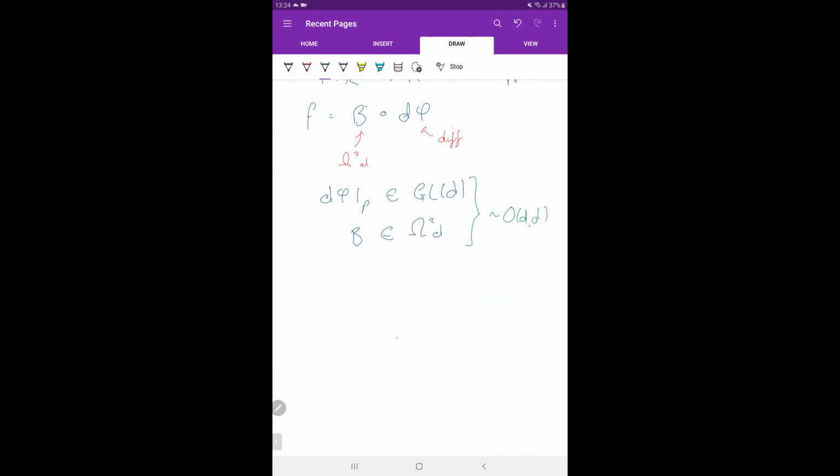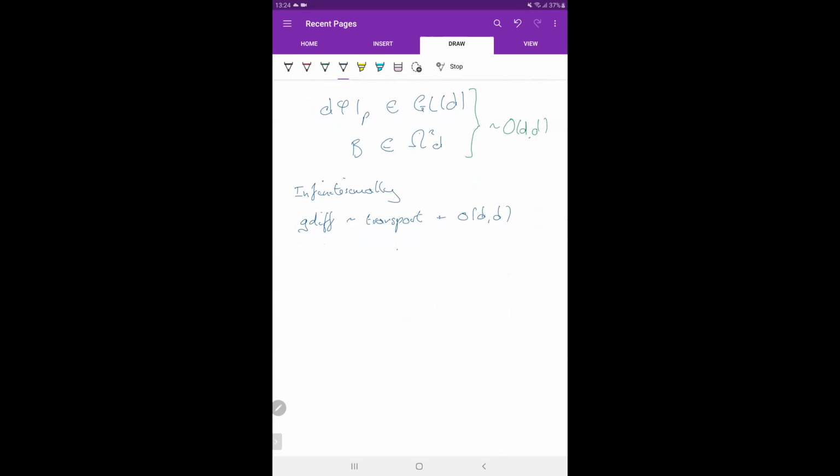And we can define this a little bit more rigorously, like we did with the diffeomorphisms. So infinitesimally, a G-diff looks something like a transport term plus an adjoint piece, ODD. And we can make this more rigorous with the Dorfman derivative, or what's sometimes called the generalized Lie derivative.